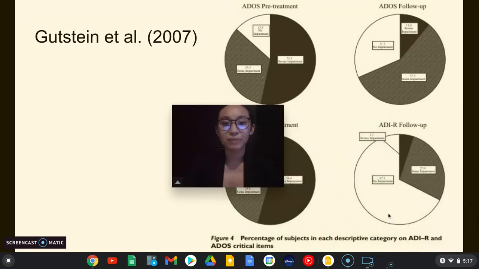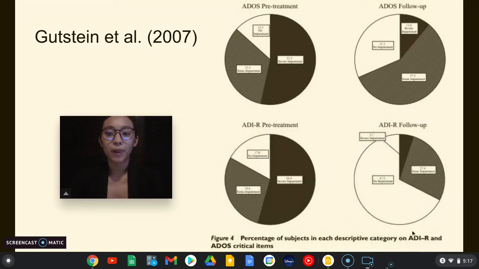So let me just scoot my screen over here. These were the results based on those critical items that I just showed you. On the left is pre-treatment for both assessments, and on the right is the follow-up for both assessments. The black area of the pie graph represents severe impairment. The gray area represents some impairment, and the white area represents no impairment.